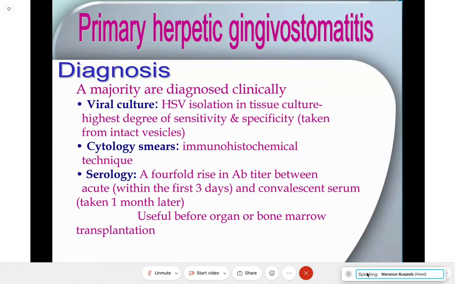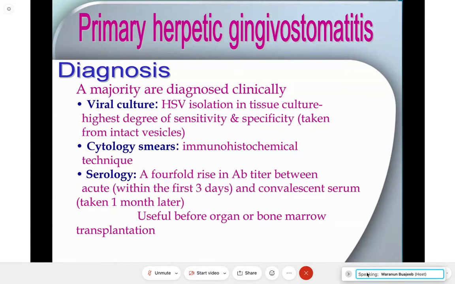just to confirm the herpes simplex virus infection. So normally the serology technique is used before organ or tissue transplant, because patients with antibody to herpes simplex virus tend to have recurrent lesions once they take immunosuppressive drugs or if they have low immunity.